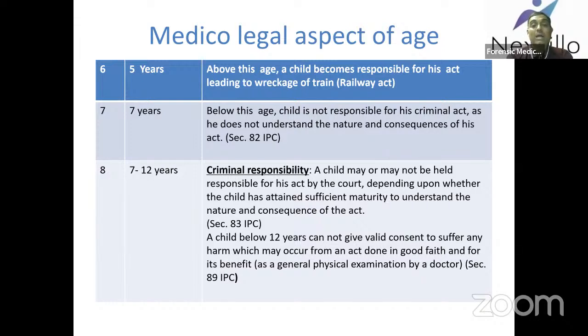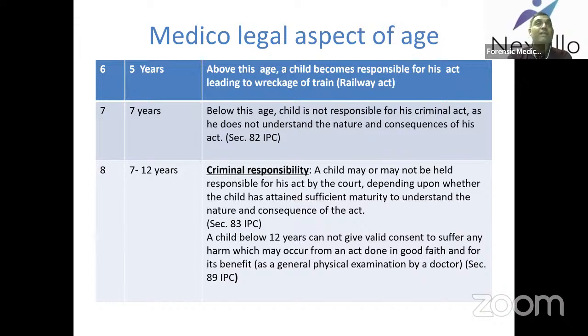A child below 12 years cannot give a valid consent to suffer any harm which may occur from an act done in good faith and for its benefit, such as a general physical examination by the doctor. That is Section 89 of the Indian Penal Code. So 7 to 12 years is again a very important age group if we have to describe criminal responsibility, or whether the child can give consent for any kind of medical procedure.